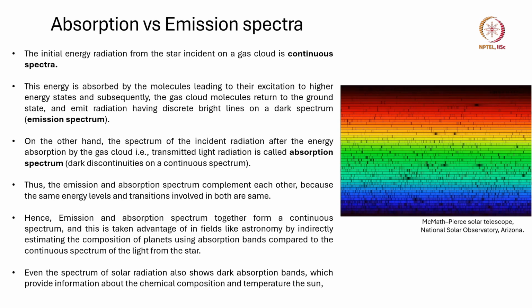It is interesting to note that even the solar spectrum that we receive from the sun shows dark absorption bands which provide information about the chemical composition and temperature of the sun itself. Here we can see the image on the right side, which is a solar spectrum.